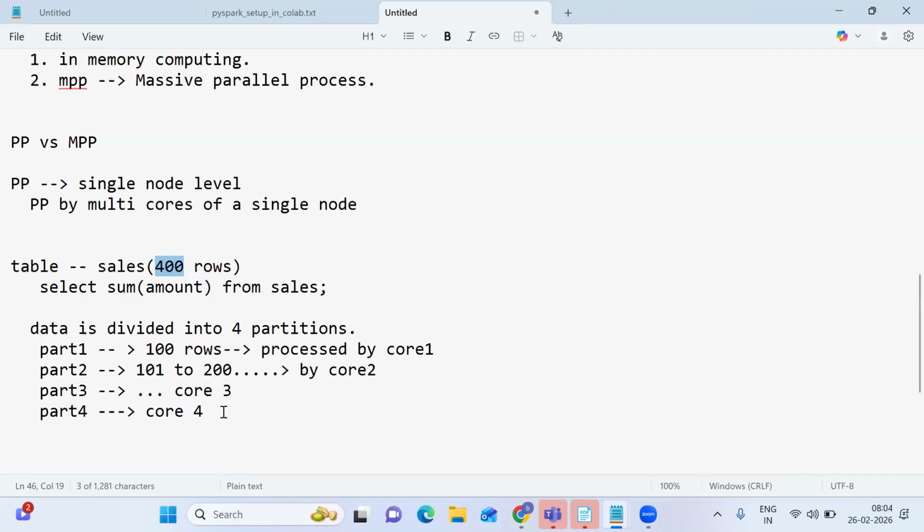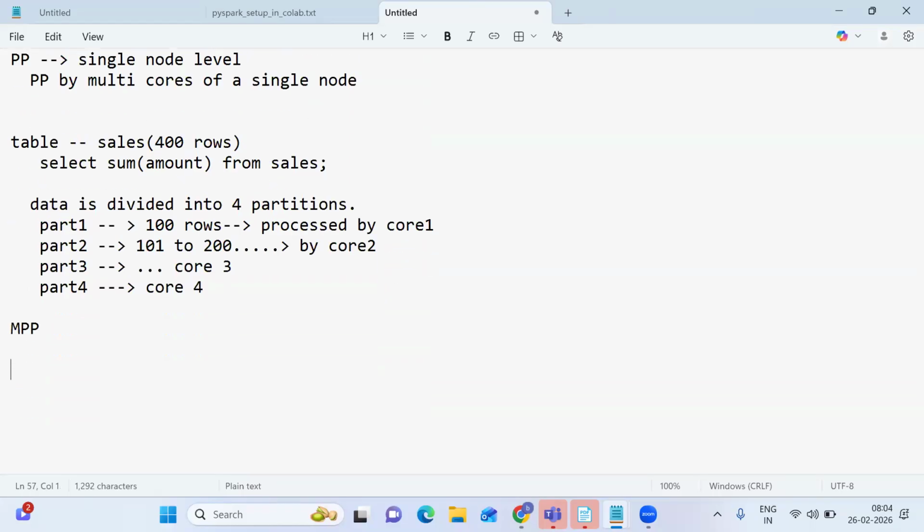Got it? So same thing, if you talk about MPP, massive parallel process, this is parallel process at a cluster level. What is a cluster here?